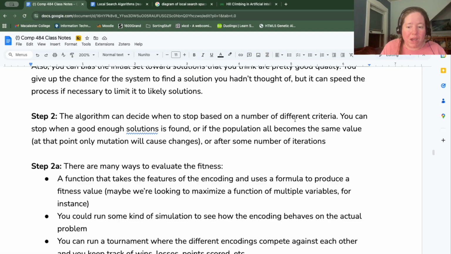You could also look at the population's quality overall: maybe you calculate the average quality across the population, and when the population as a whole reaches a certain point, you stop. It's more common that we look at the best individuals and stop when they exceed some threshold.